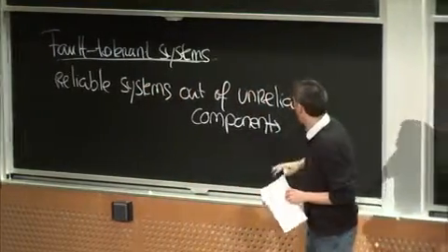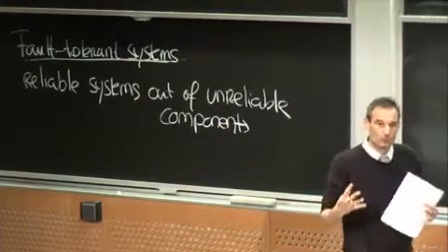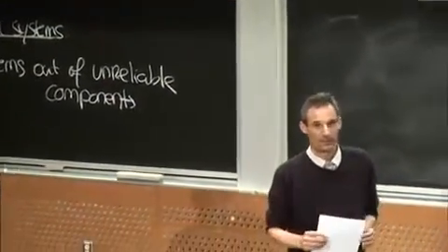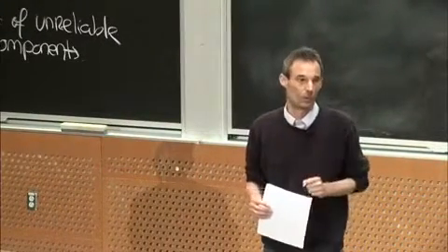That doesn't mean that every component is so unreliable that you can't use it. We're sure going to put our best effort into making the components work well, but we're not going to try to shoot for perfect.